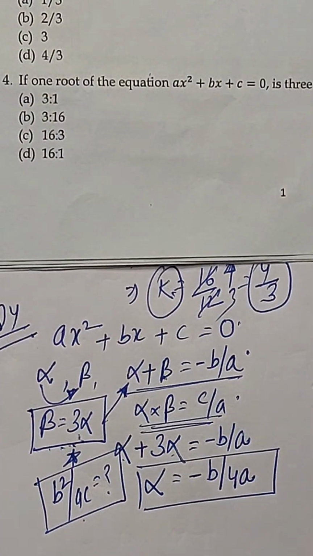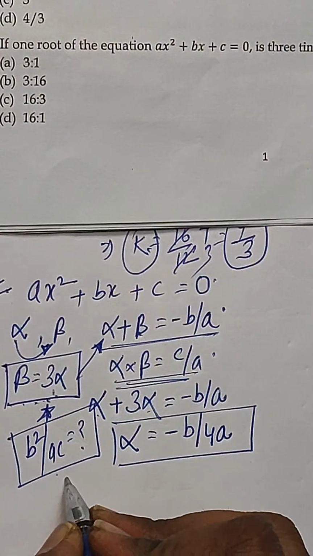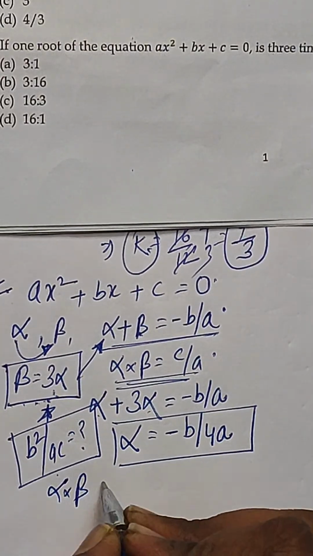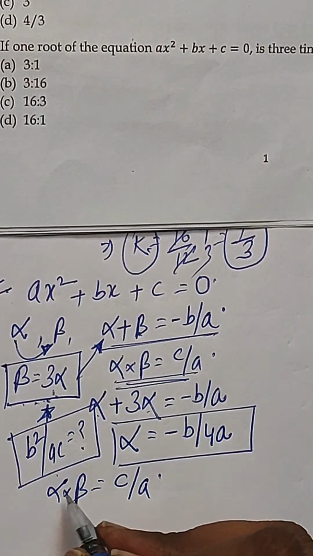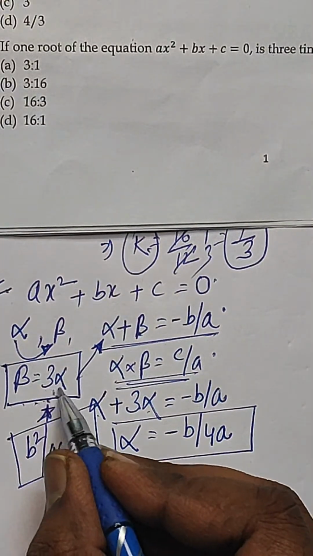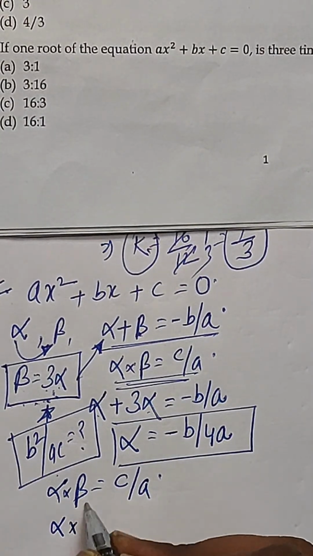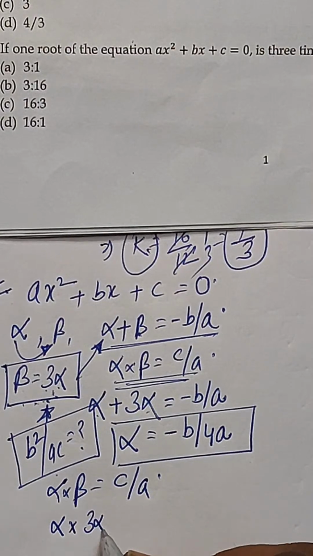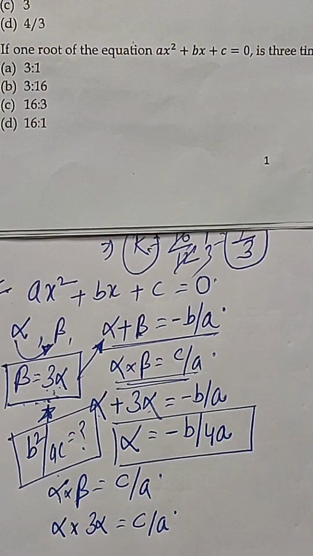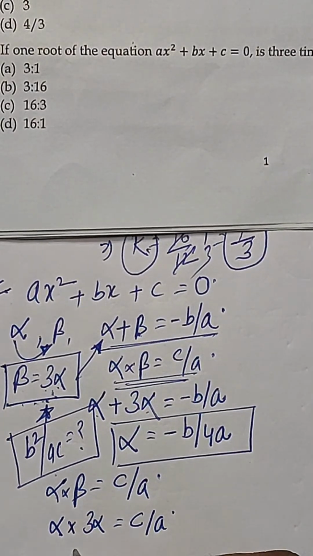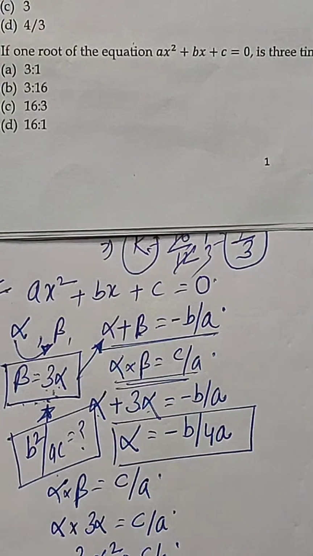So the product of the roots, alpha into beta, is equal to c by a. But beta is equal to 3 times alpha, so substitute it. So it will become alpha into 3 alpha is equal to c by a, and it will become 3 alpha square equal to c by a.